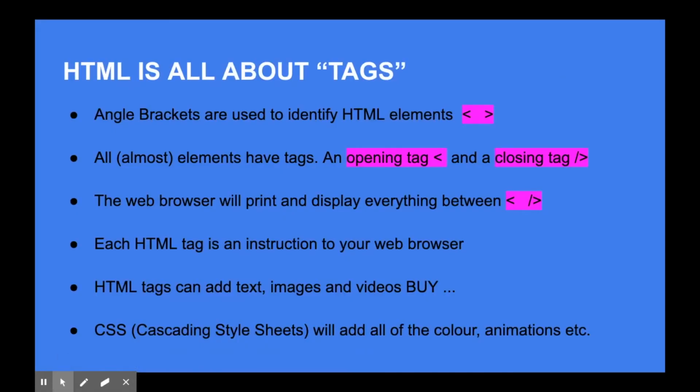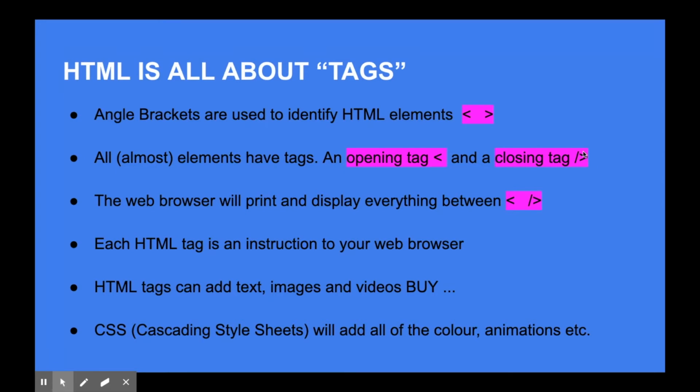HTML is all about tags, and angle brackets are used to identify the tags. Each element in HTML is a tag with an opening tag, opening angle bracket, and a closing tag.